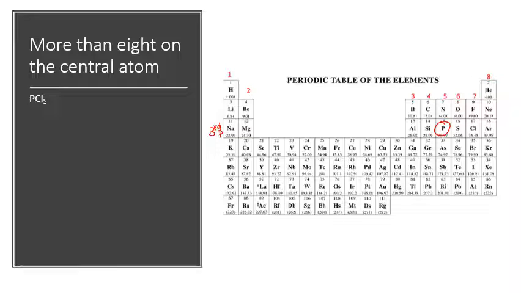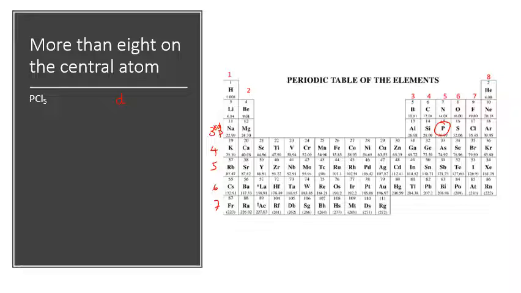Any element from the 3rd period and above, that means 4th, 5th, 6th, and 7th period, can hold more than 8 electrons, up to 12 electrons. The reason is that they contain d orbitals, and d orbitals can hold more than 8 electrons. So pay attention to that one.